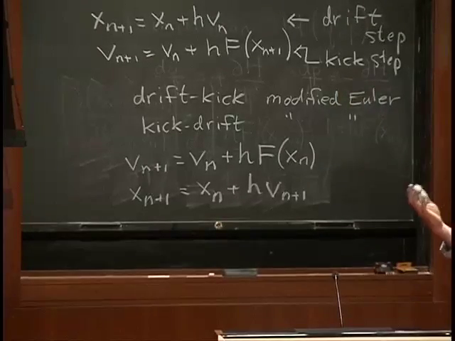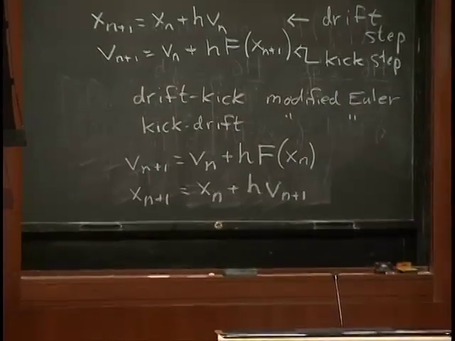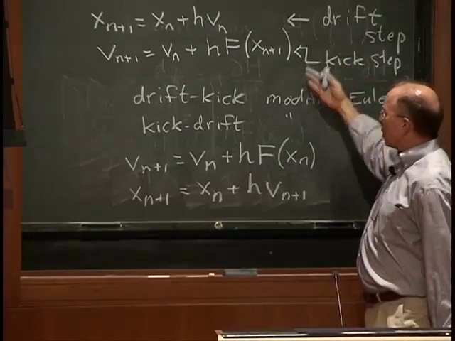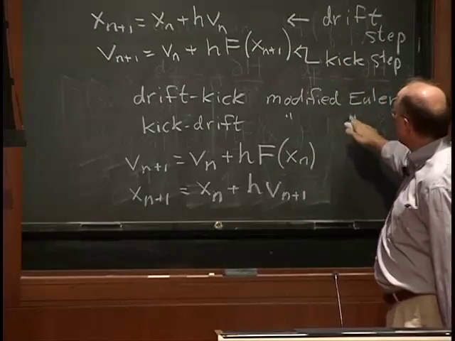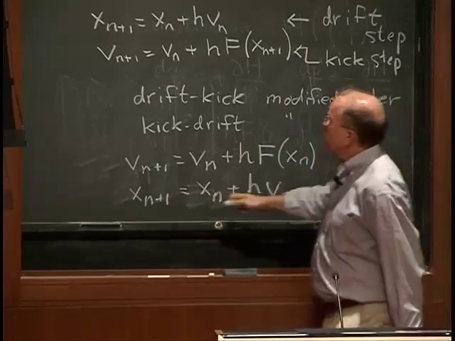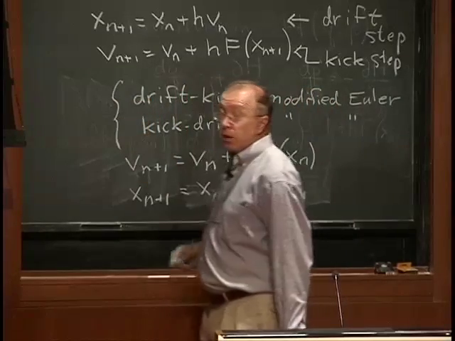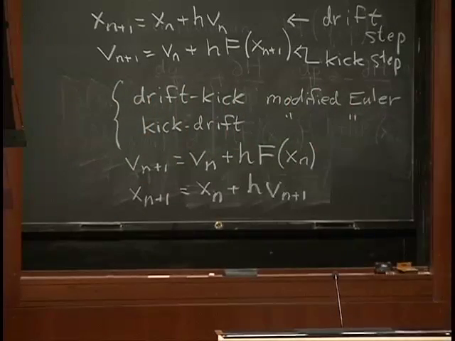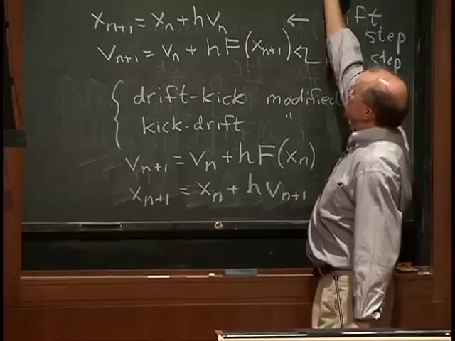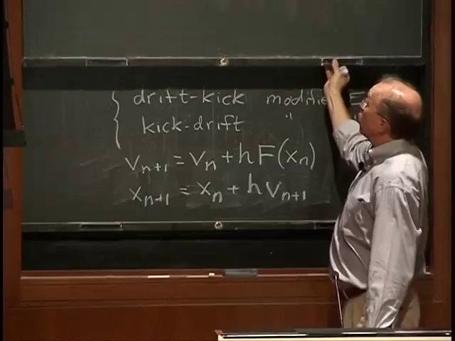Either of these two is equally legitimate. You can go through the same algebraic calculation and show that either drift kick or kick drift both satisfy Liouville's theorem. Once you've recognized that, then it's easy to see what's going on with modified Euler.